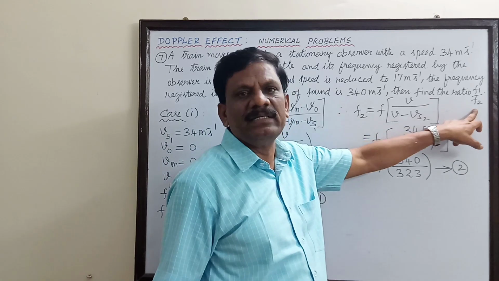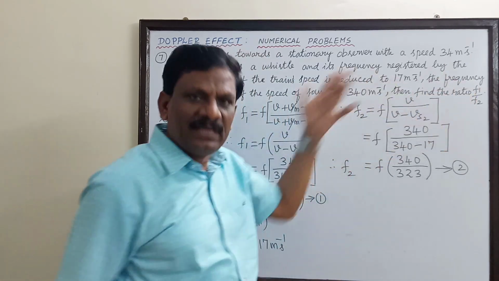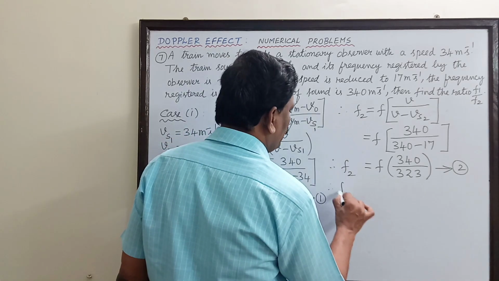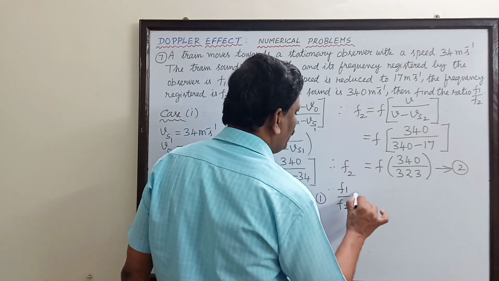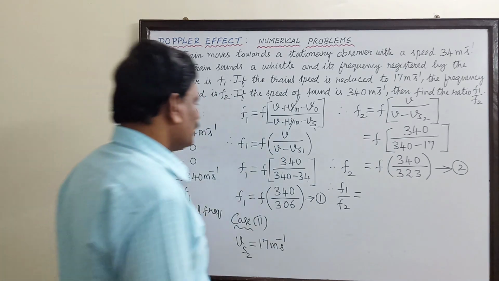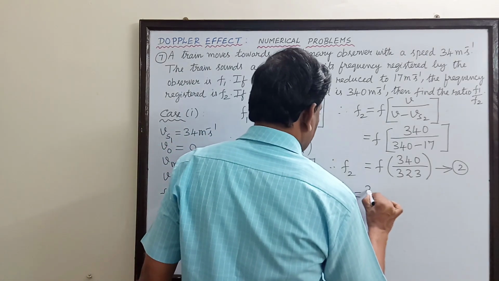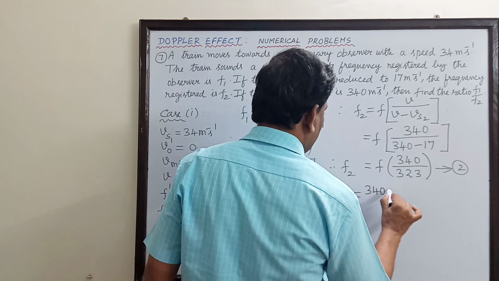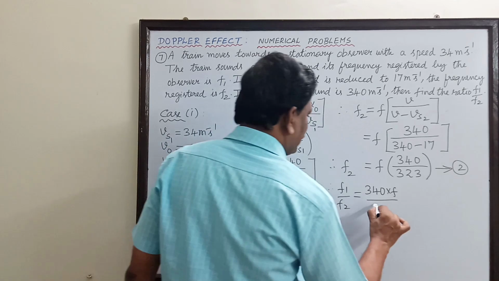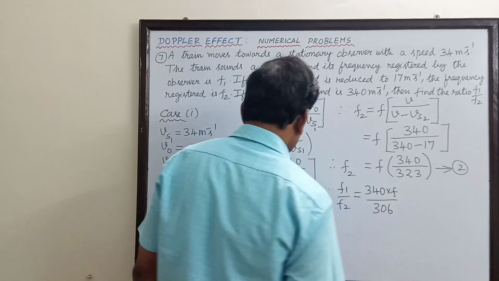What is asked here? The ratio of the two apparent frequencies, F1 by F2. Therefore F1 divided by F2 must be equal to the ratio of these two. So this is 340 into F divided by 306, which is F1.